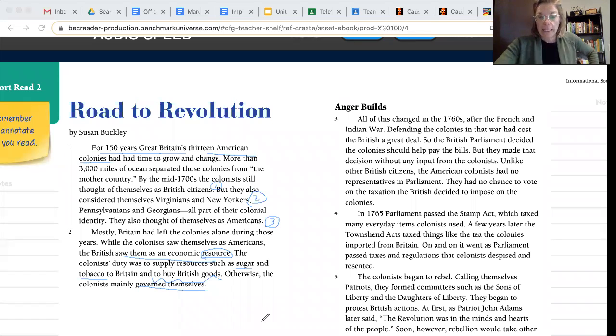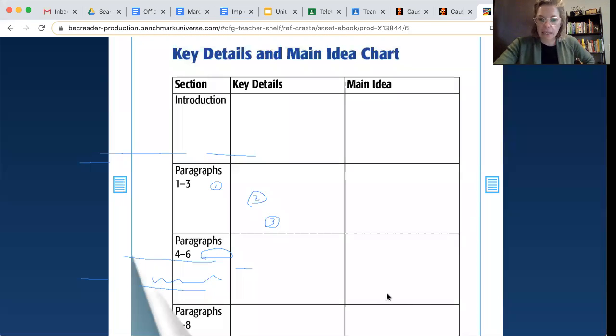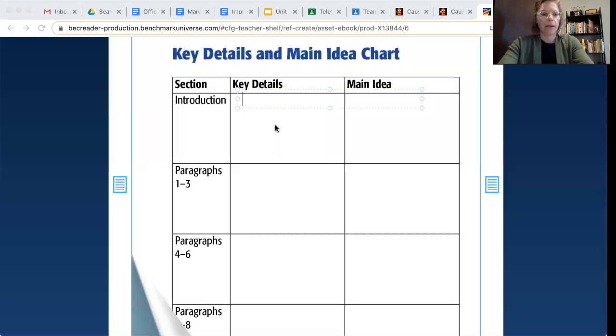So my key ideas that I put were that the colonists had mixed identities, as British, as part of their colony, and as American.